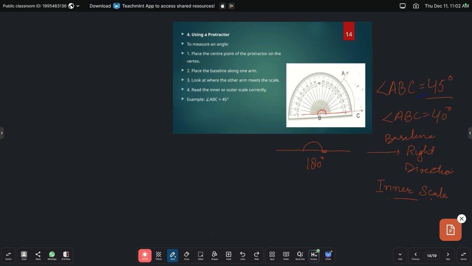Got it, boys? See, the straight line on the protractor shows 180 degree. So 180 degree is called the straight angle. When an angle exactly measures 180, that is called straight angle. So you can easily observe the protractor and see this line measures exactly 180. That is why it's called a straight angle.